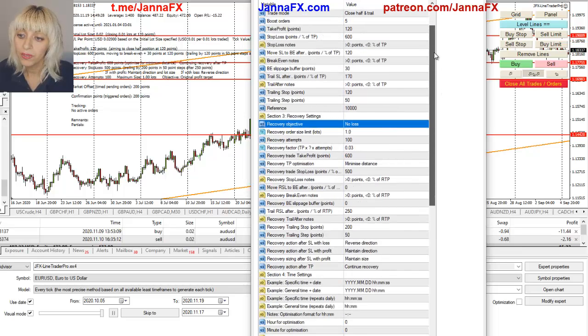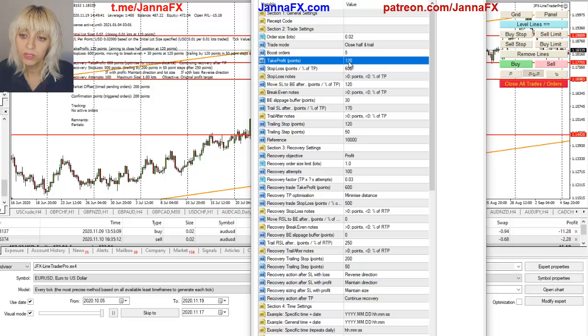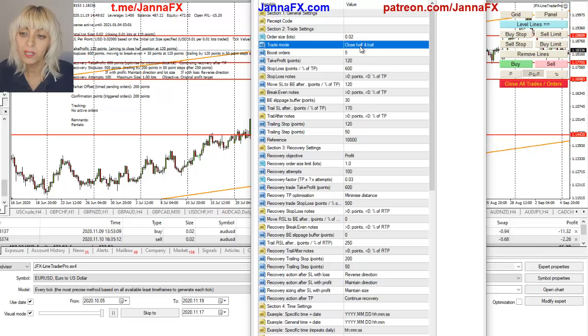So that setting is, if you go for profit and you made a loss, first of all it will definitely go to recover the loss, and also it will try to make you a profit wherever it would be here. So this is, let's say, 120 points, and you have a lot size of 0.02. Don't look at the trade mode, it will not look at the half, it will be exactly looking at the full amount.